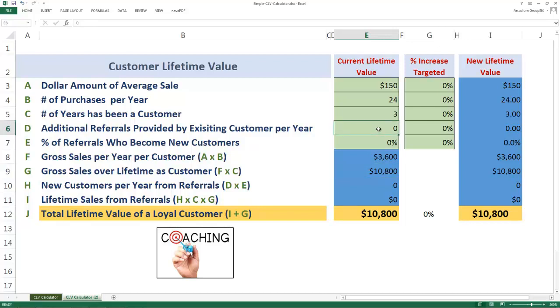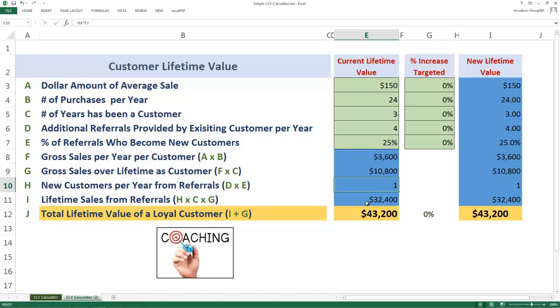If that customer and client of yours is getting results from your coaching, they're likely to tell some of their friends, their relatives, or their colleagues. So let's say they go out and tell 4 people they know how great a coach you are. And then on line E, out of those 4 people, let's say 25% of them become new clients. So essentially one out of the 4 will become a new client per year.